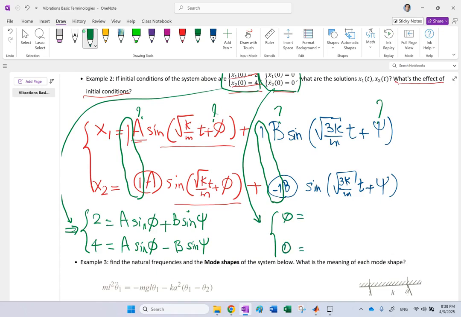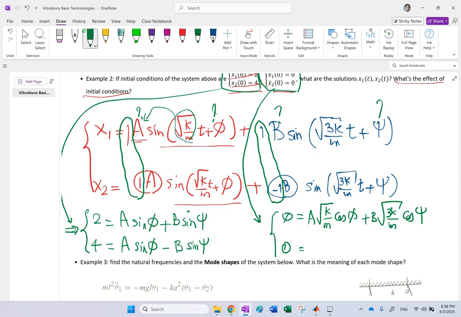So the time derivative of a sine, this frequency comes out, becomes a cosine, so you will get a times square root k over m cosine phi, and then plus b times square root of 3k over m cosine psi.